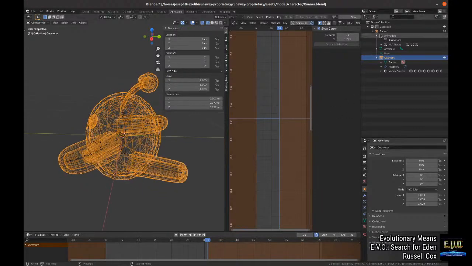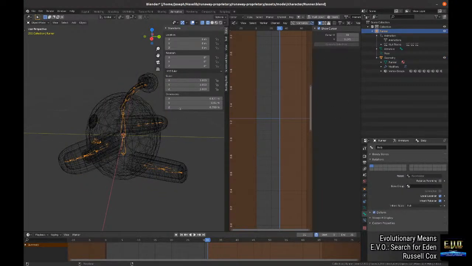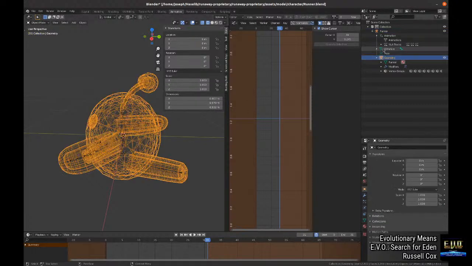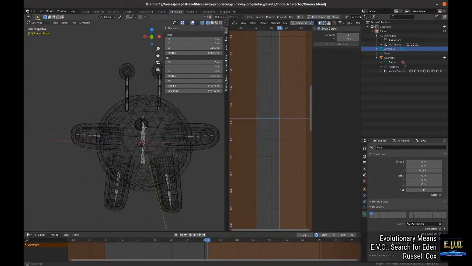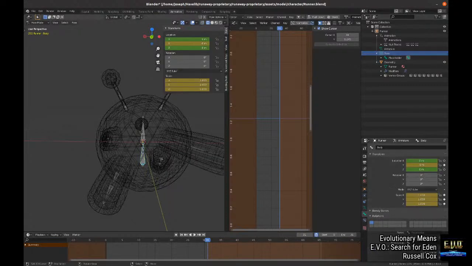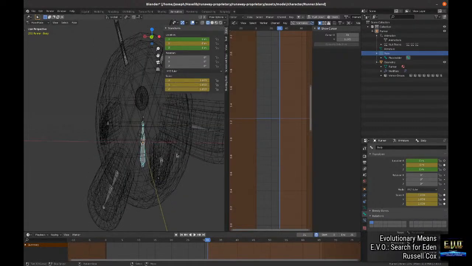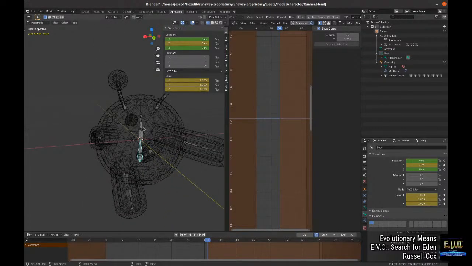Does that object have a rotation? 0, 0, 0. No, it does not. Does this armature? No. Then why is that the case?